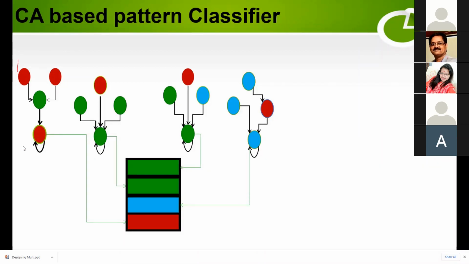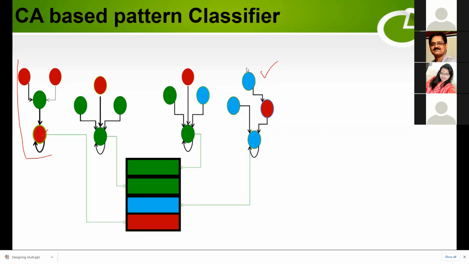The very first attractor is marked as the red class. Why is this marked as red? Because in this basin we have 4 states, and among these 4 states, 3 are from the red class and 1 is from the green class. As the maximum number of states is from the red class, this attractor will represent our red class.